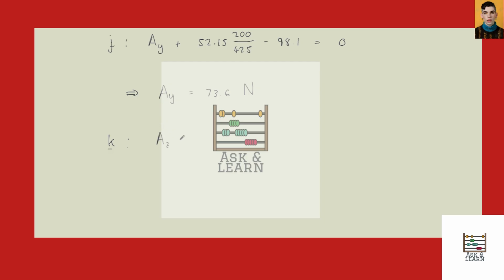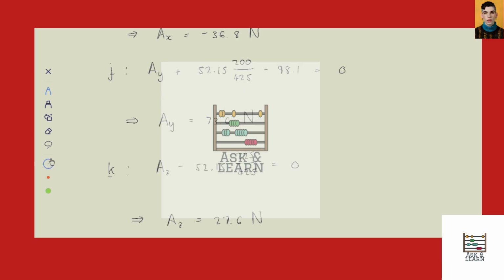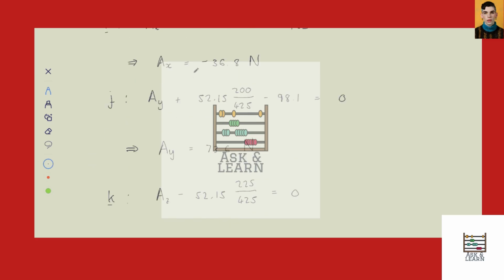So we get AZ minus the z component of the tension, 52.15, into 225 over 425, must equal 0, which implies that we can find the final component of the reaction force A, AZ, to be 27.6 newtons. So in essence, we have found the reaction force B, and now we have found the reaction force A.